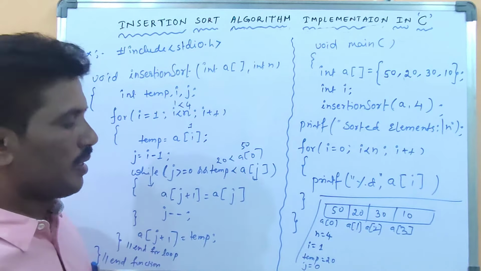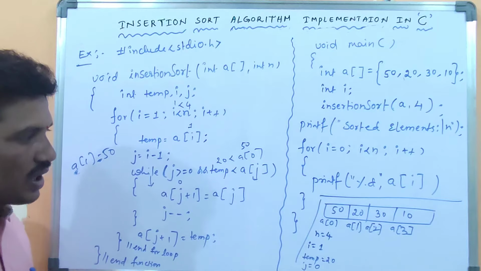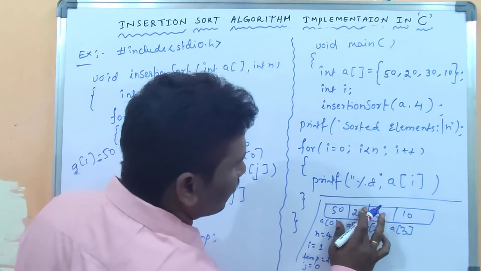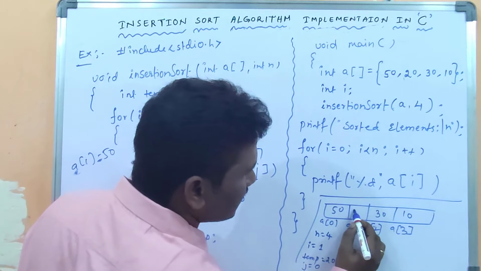What is the A of 0 value? 50. Then A of 1 value should be 50. Okay, it will be changed. 50 has come to here, A of 1. Then j minus minus. The j value is decremented by 1. Now j value becomes minus 1.